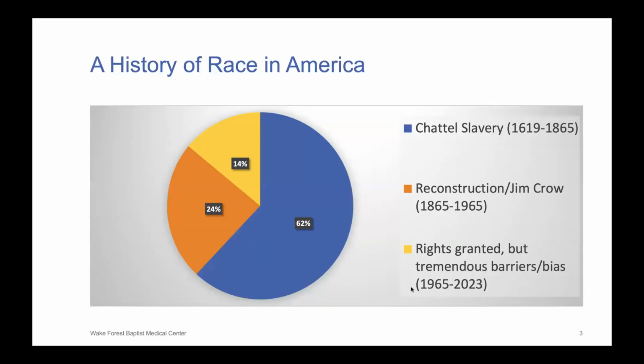I'm going to talk a little bit about some of the history, because I think this is really important to understanding how we got to where we are and why this is so important to infuse into our systems and structures of academic medicine.